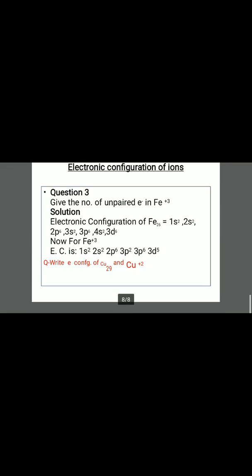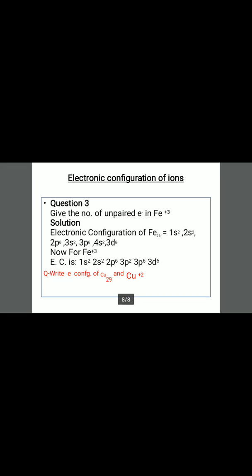Now, electronic configuration of ions. You can solve the electronic configuration of ions only when you are familiar with the electronic configuration of elements. Now, give the number of unpaired electrons in Fe3+, meaning iron in the ionic state.